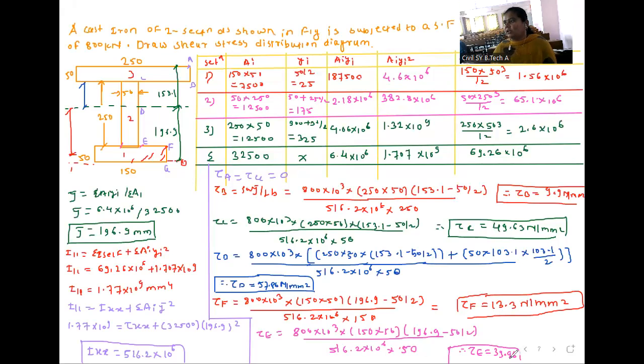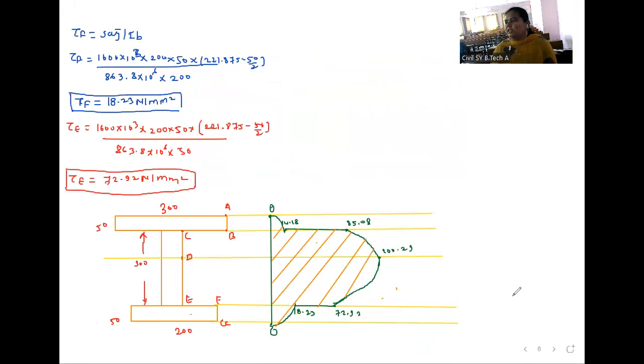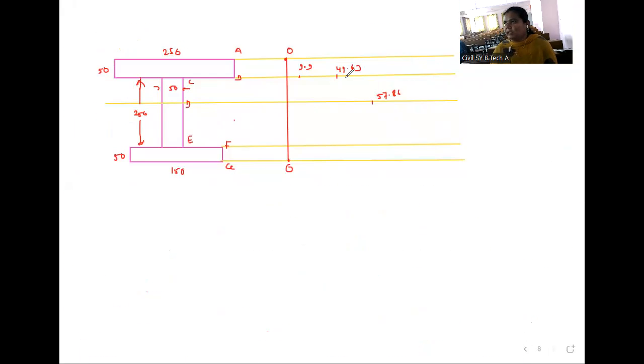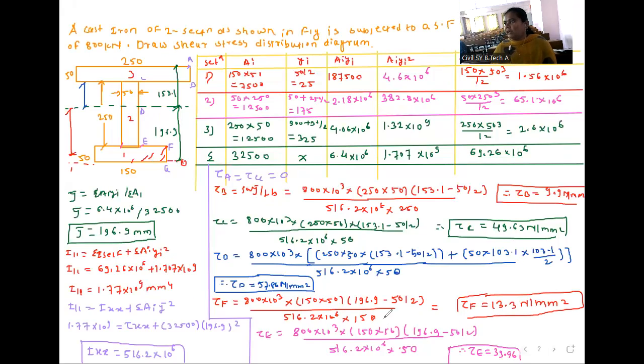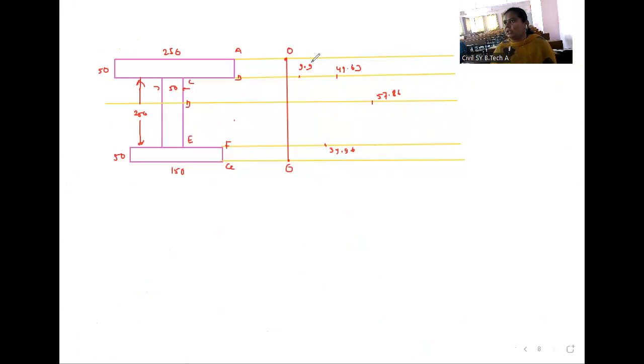Stress at E is 39.96. At F point it is 13.3. So the connection is parabolic up to this point, then a straight line, then parabolic, then a straight line, and here also a parabola. So this is the stress distribution diagram.